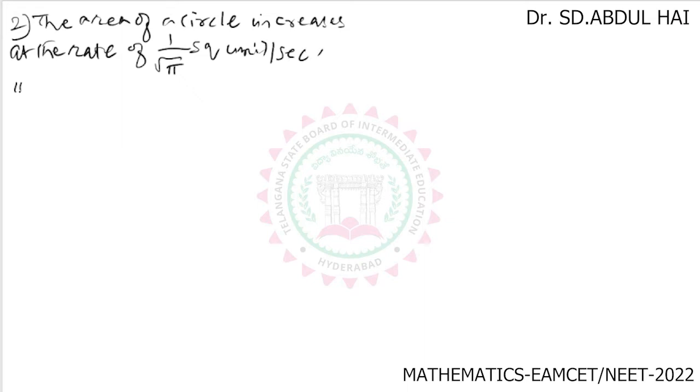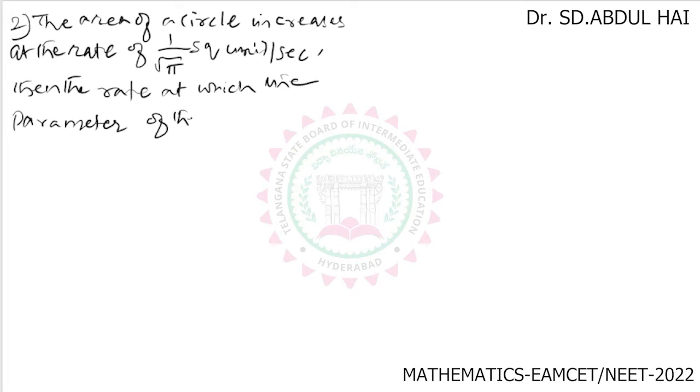Then the rate at which the perimeter of the circle changes, when the perimeter is root pi units.